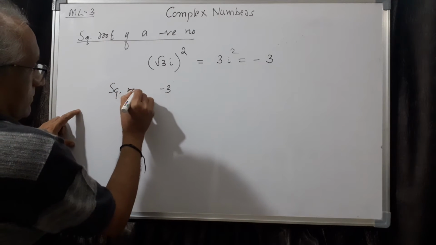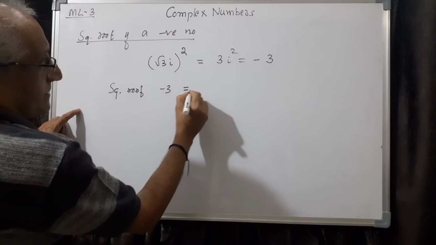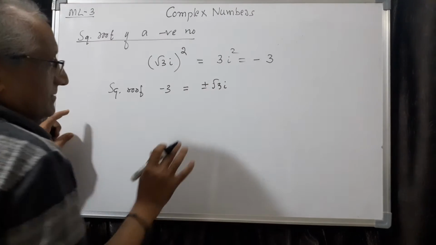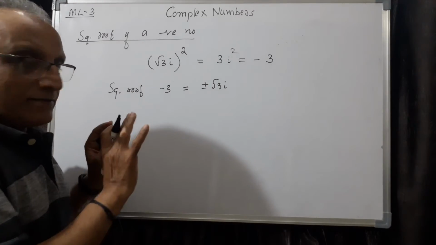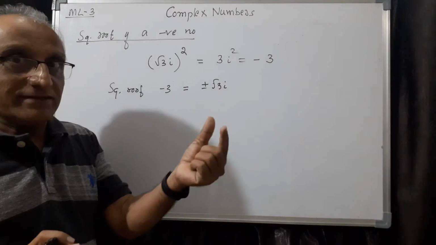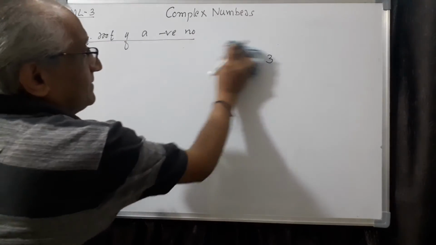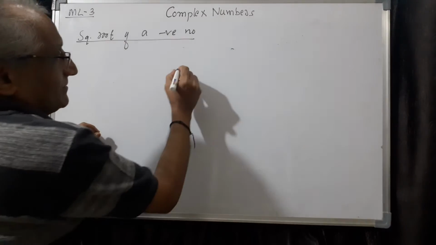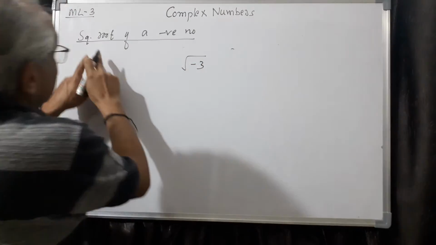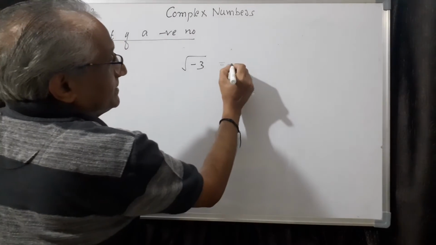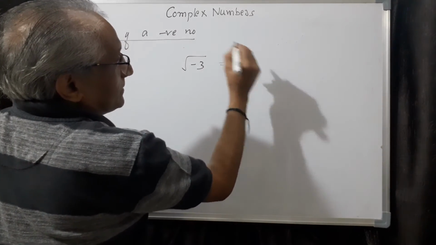Square root of minus 3 is therefore plus or minus root 3 i. It is perfectly alright, because the square root means you should have two numbers. But remember, whenever I write square root of a negative number, it is not plus or minus, this is simply root 3 into i.